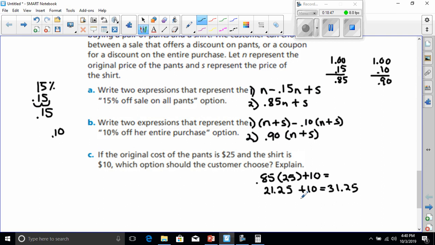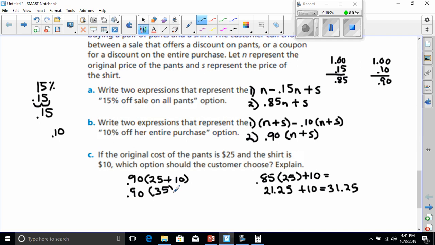Now I'm going to go ahead and check the other scenario where I'm going to have, let's see, 0.90 times, well, N plus S, that's going to be 25 plus 10. Well, if I did this, I'd have 0.90 times 35.